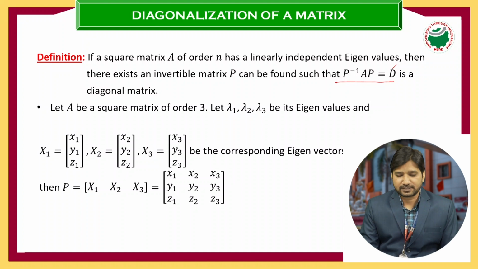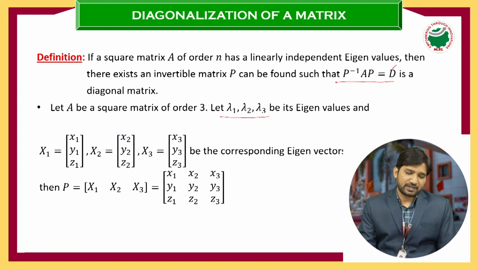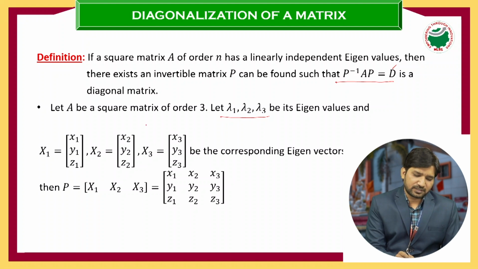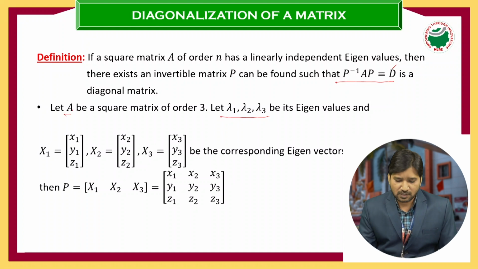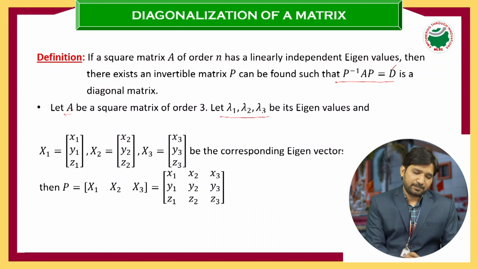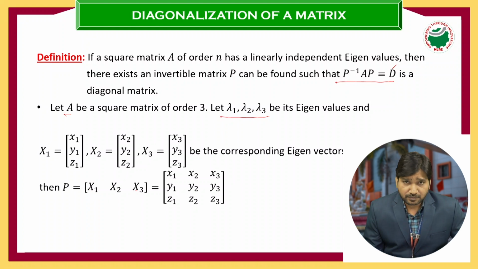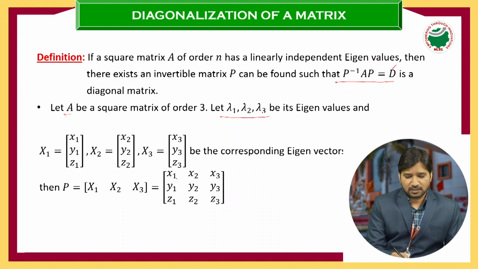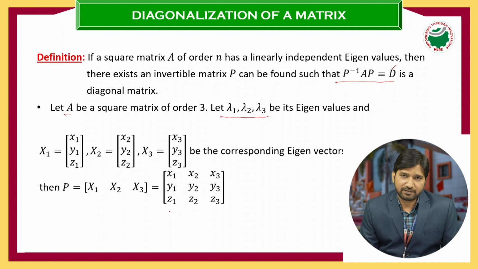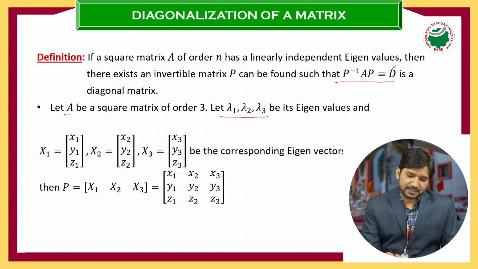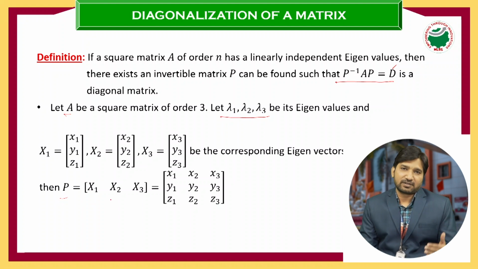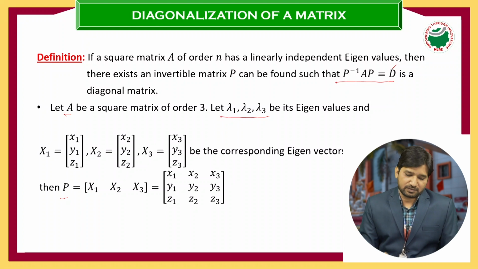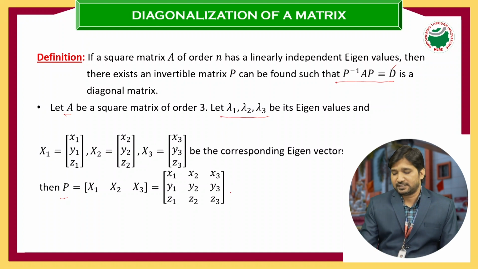The eigenvalues of the matrix are lambda 1, lambda 2, lambda 3, and the corresponding eigenvectors are X1 equal to x1, y1, z1; X2 equal to x2, y2, z2; and X3 equal to x3, y3, z3, the three eigenvectors of the given matrix A. Then the model matrix is written as P equal to X1, X2, X3, that is, we write the eigenvectors column-wise. That is the model matrix.